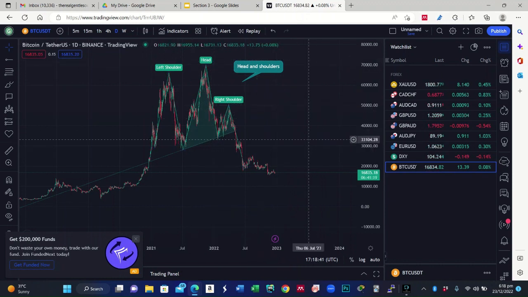In the forex market, the market can be ugly at times. So both shoulders might not be equal to each other, but there is a high probability that the setup might play out if they are equal to each other or the right shoulder is higher than the left shoulder. But in this case, it is not higher than the left shoulder, but it is an example of a head and shoulder pattern.